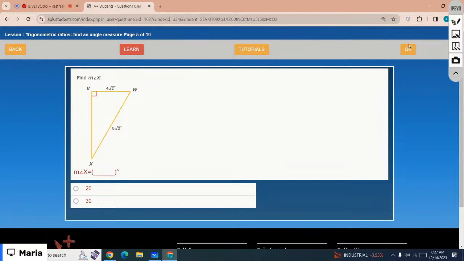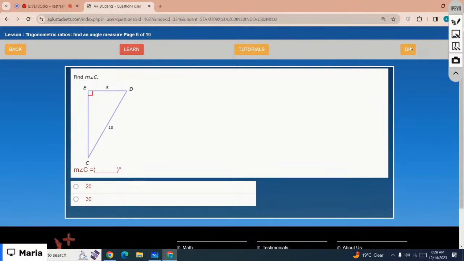Sine of angle X. That is 30 degrees. The correct option is 30 degrees, right?